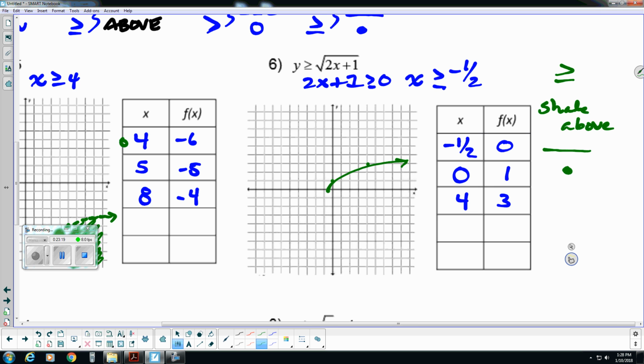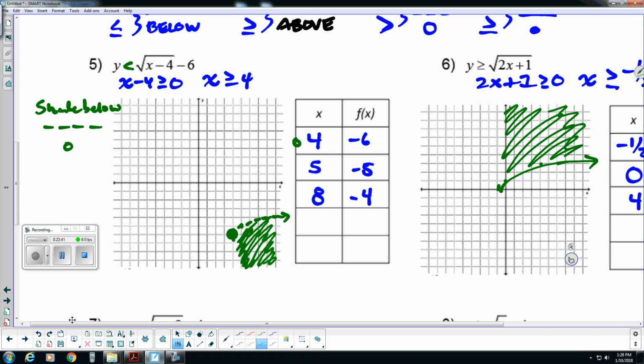Now we're going to shade above, and I really should make this go through the whole graph here. Again, I have this vertical boundary line here, and I'm shading above. I'm going to erase that because it's really not part of my graph. That's number 6.